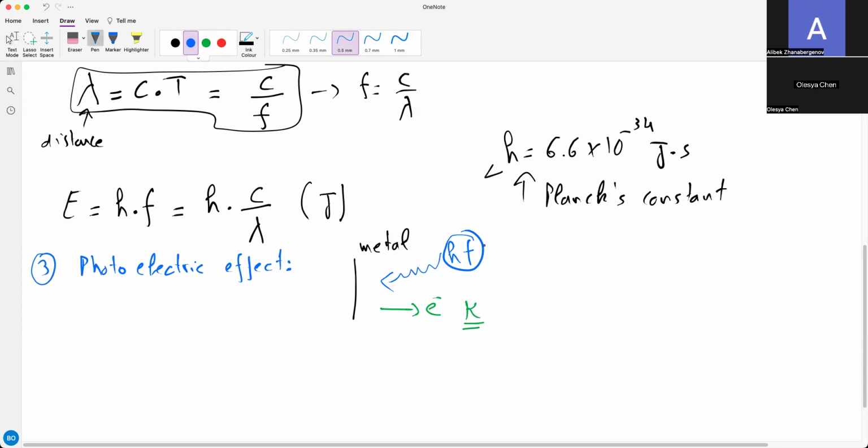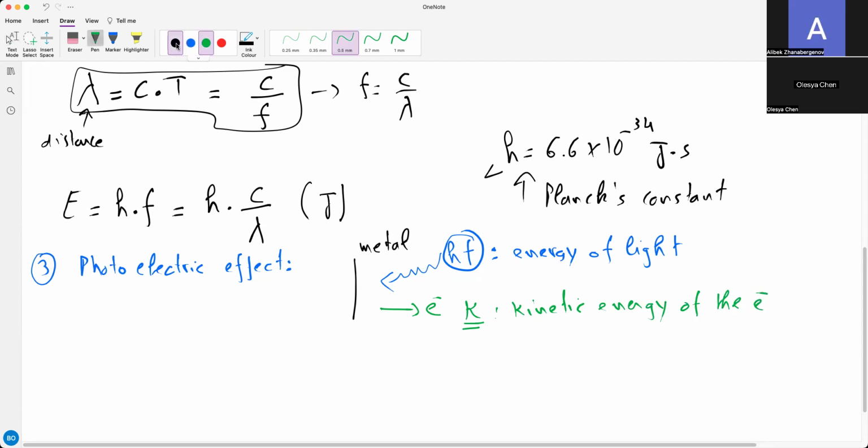This is the energy of the light, the radiation. This is the kinetic energy of the electrons.